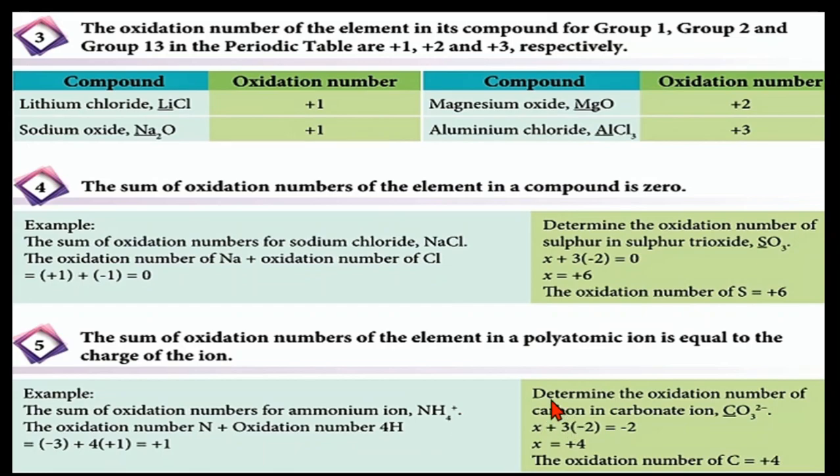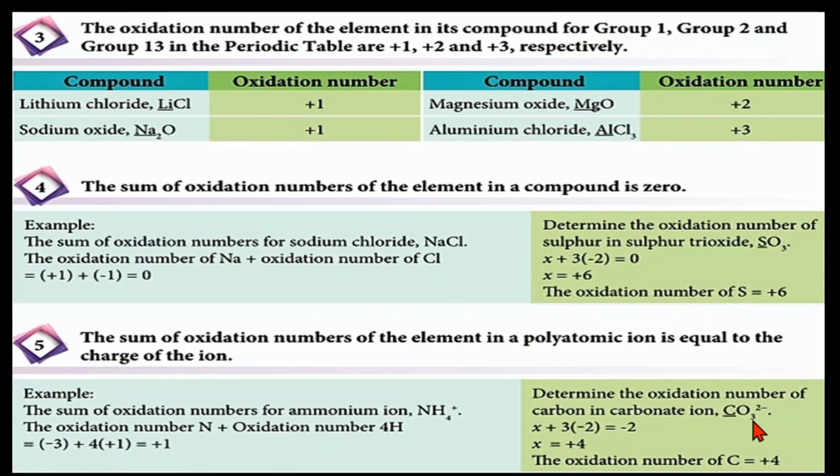For example here, determine the oxidation number of carbon in carbonate ion, CO3 2-. We want to find the oxidation number of carbon only in this carbonate ion. Remember, the total oxidation number of carbonate ion is equal to negative 2, the charge itself. Carbon here we don't know, so we write x.